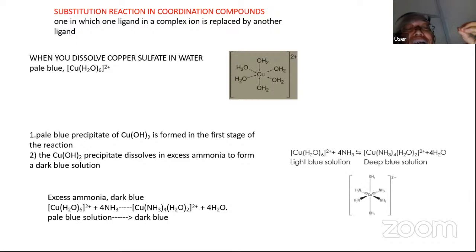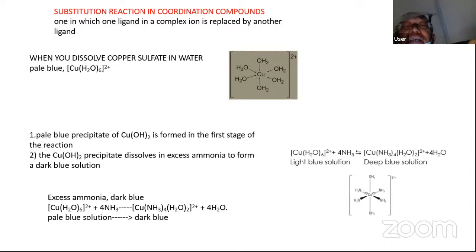So now you can describe. First, it gives you copper hydroxide, which is hydrolysis, and then you add more, the precipitate dissolves, and it gives you a new complex. So you can describe this substitution reaction as involving 2 stages. The first one can be an intermediate, because when you add excess ammonia, you don't see the precipitate. Slowly, you see the precipitate.